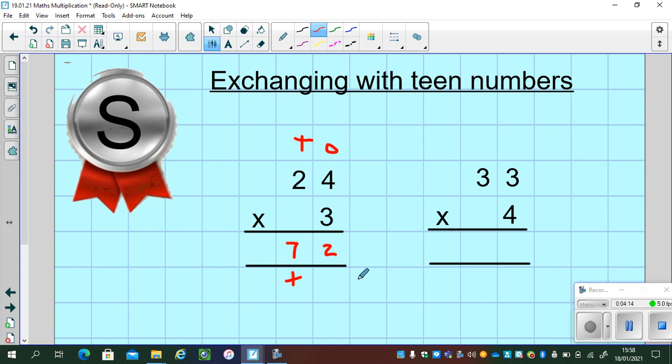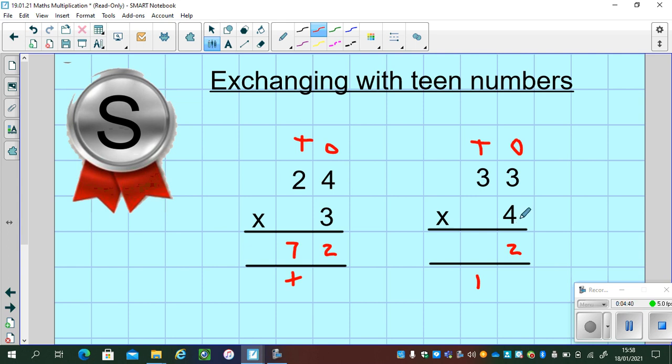Let's have a go with another silver example. I've got 33 times by 4. Set out my tens and my ones. 33 is made up of 3 tens and 3 ones. I'm multiplying by 4, which belongs in the ones column. Let's start with the ones. 4 times 3 is 12. That's 2 ones, and the 10 goes at the bottom in the tens column.